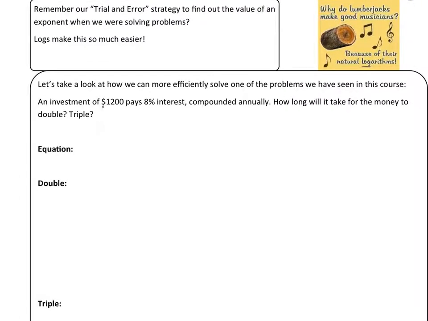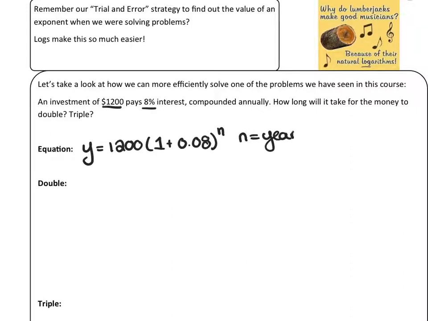It starts at 1,200 and it has a growth of 8% each year. So I'll set the equation up. A is the number we start with, times 1 plus our growth in decimal form, and our exponent is n, which stands for the number of years.